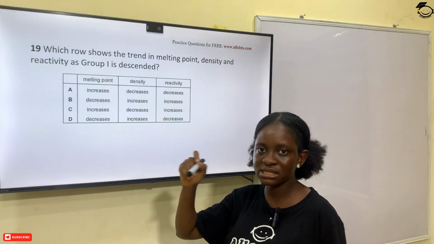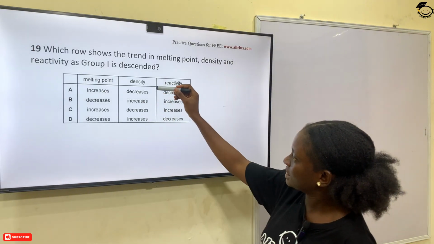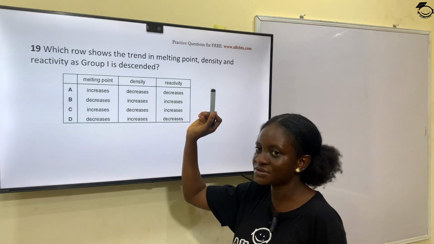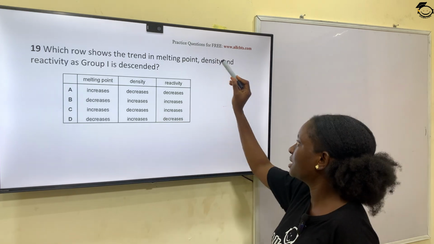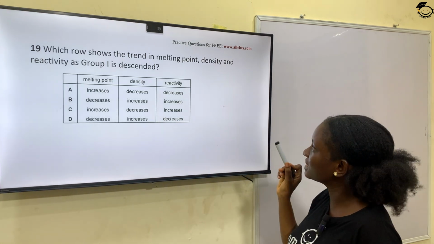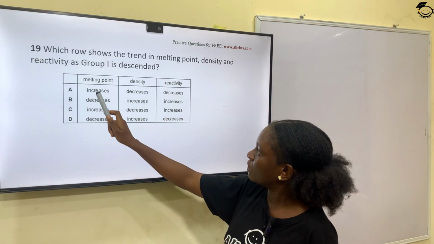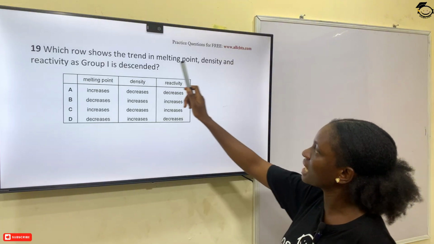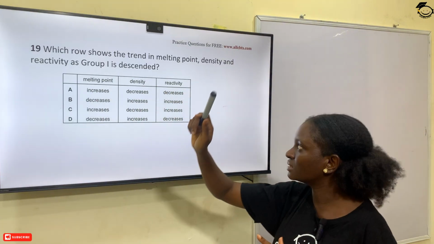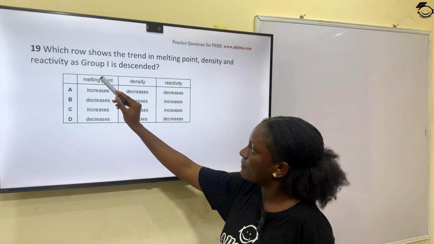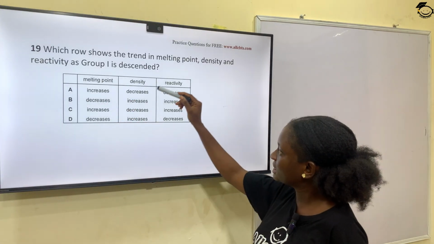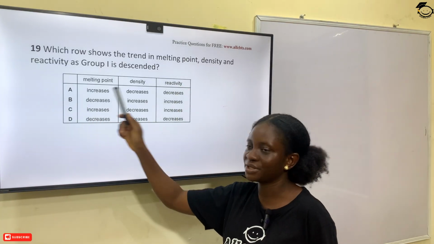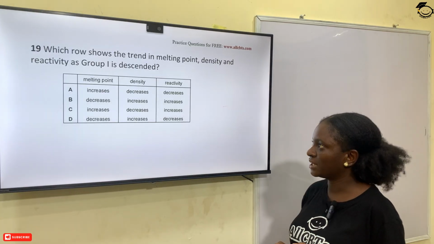C, melting point increases, density increases, reactivity increases. D, melting point decreases, density increases, reactivity decreases. So the answer is option B: melting point decreases, density increases, and reactivity increases. Option B is the correct answer.